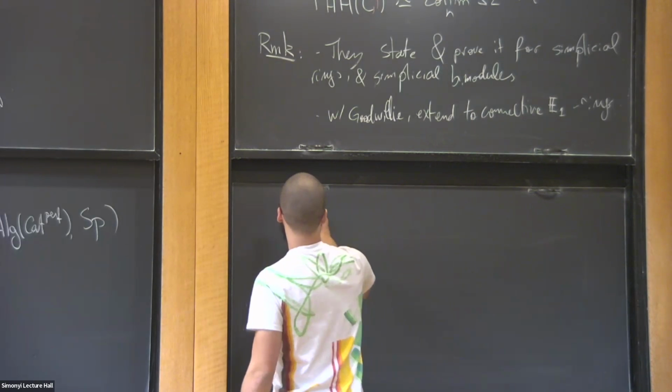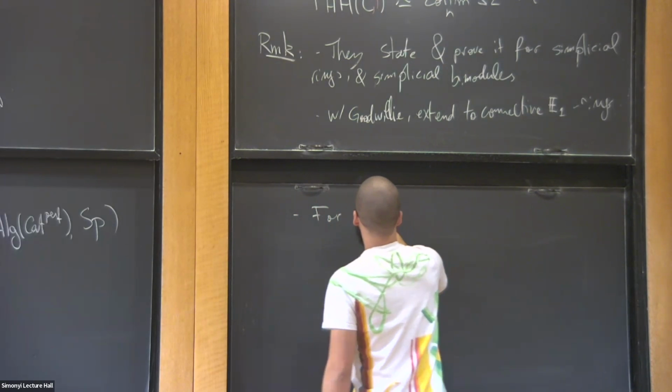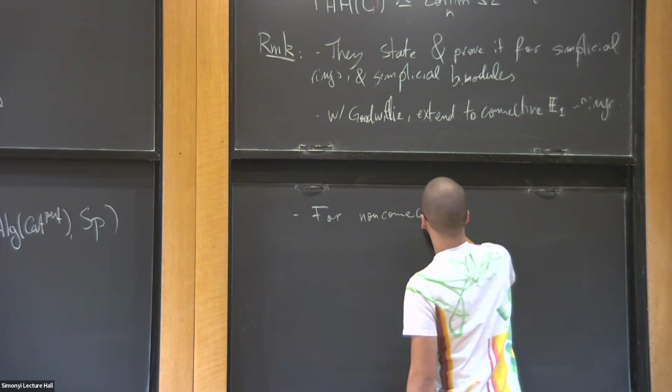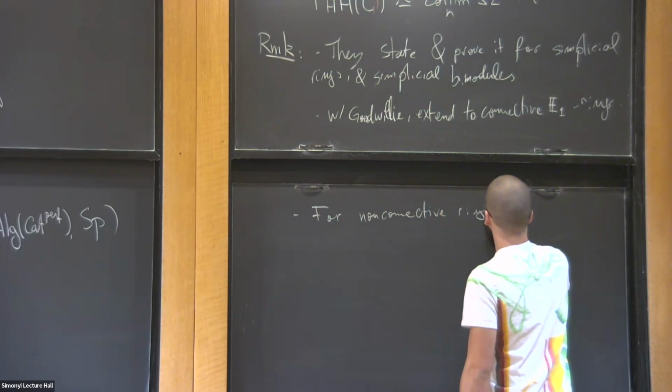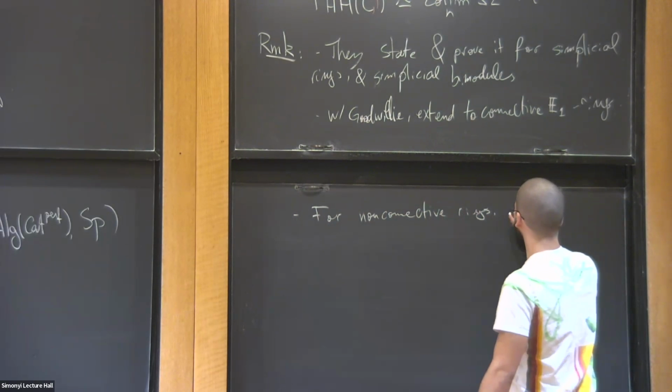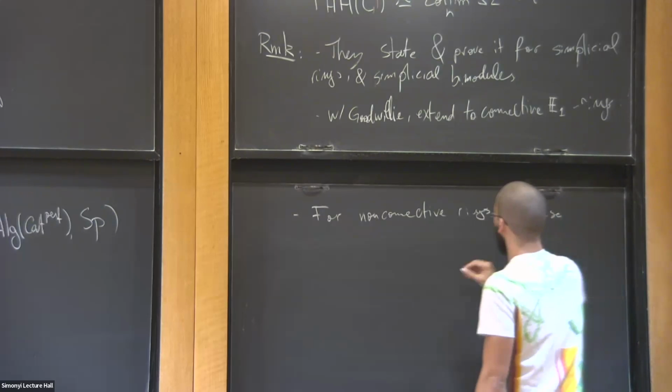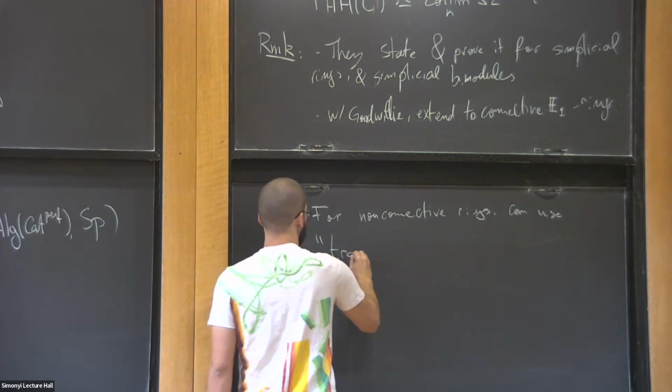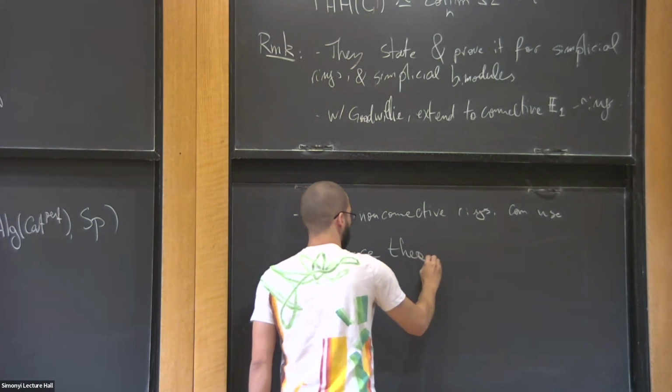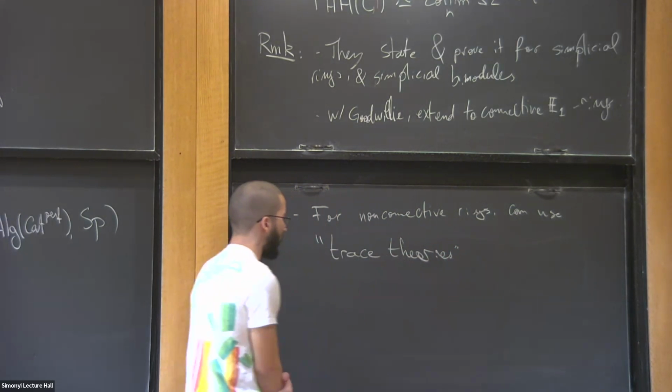So, for non-connective rings, you can use trace theories to reduce it to connective rings.